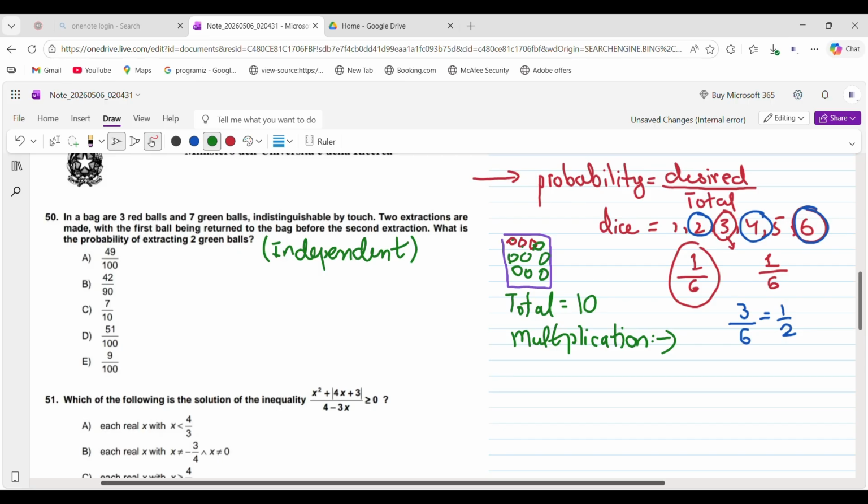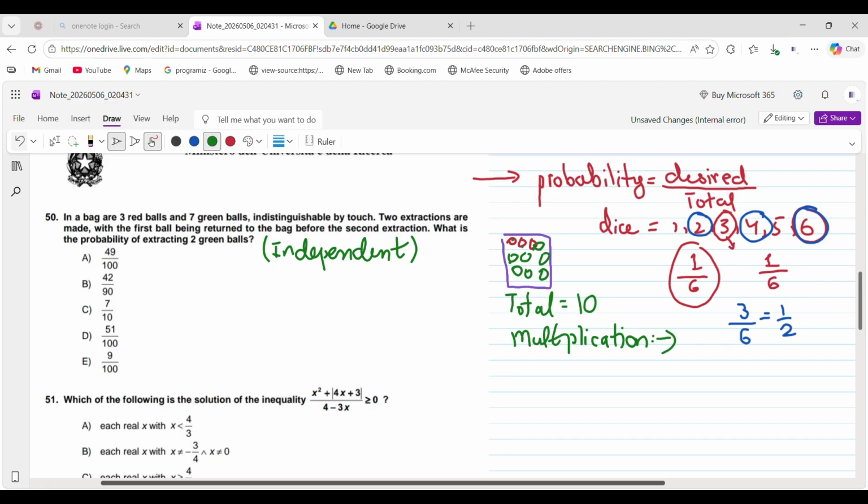We use multiplication or addition law when we have to find the probability of more than one event. So now you're not finding the probability of one thing, but of more than one thing. So you have to use either addition law or multiplication law.